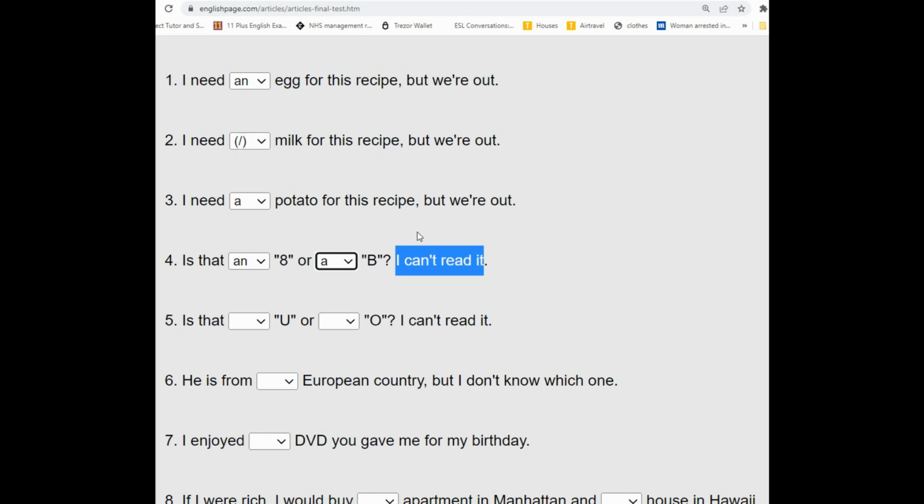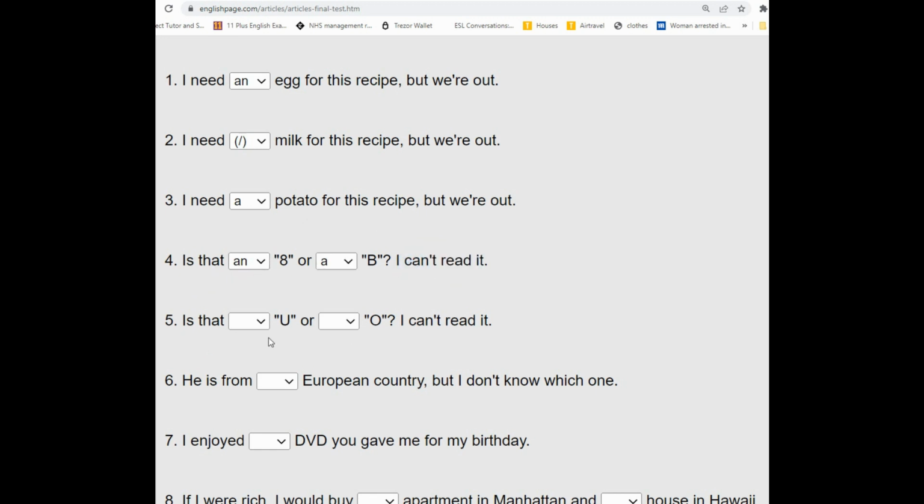We're talking about 8 in the general sense here, an 8, like the number 8, a B, like the letter B. And so we don't want to use the. It's not, is that the 8 or the B? Because this isn't a specific type of 8 or a specific type of B. We just mean the number or the letter. Okay, so is that an 8 or a B? I can't read it.